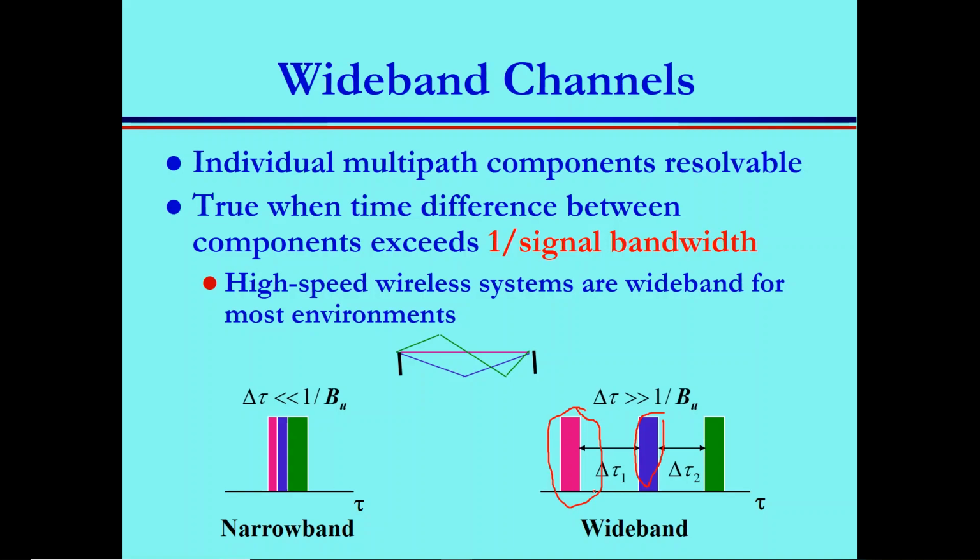Now, when you have resolvable multiple taps, not only 2 taps, you might get 10, 20, 60 taps based on your environment and your resolvability at the receiver. The larger the bandwidth of your signal, the more you will be able to resolve multiple paths.